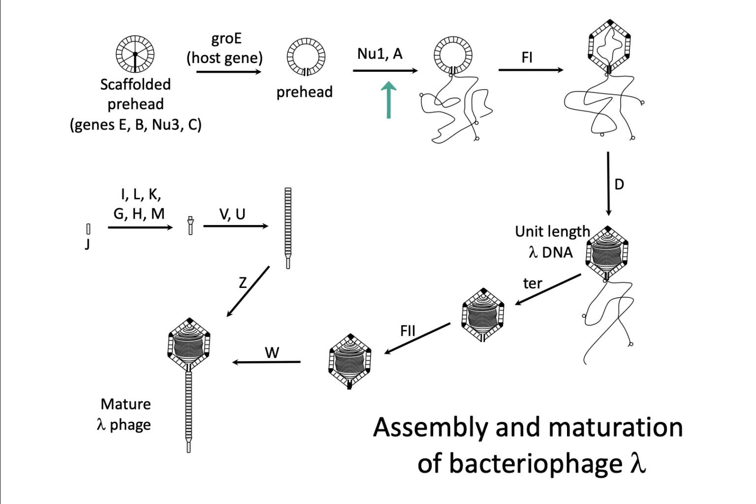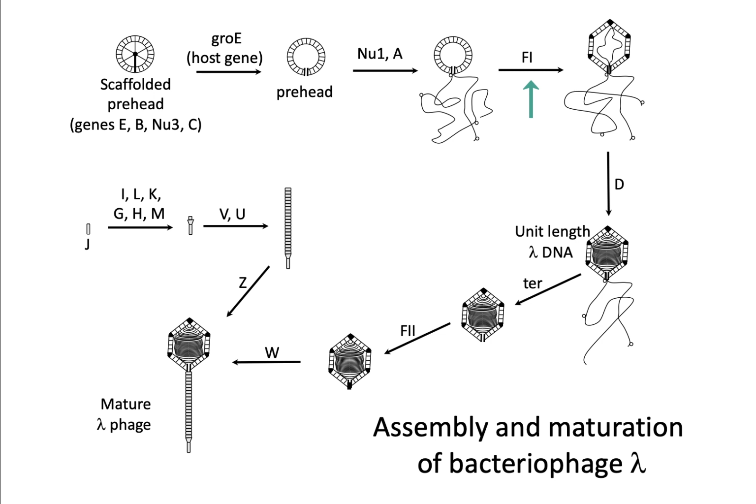And then the proteins NU1 and A start threading the DNA up into the head, and they are flanked by the A protein actually sits on the cos sites, and once the head is filled with the DNA, it cuts at the cos site, so there's exactly 1 genome's worth of the lambda genome in each head.